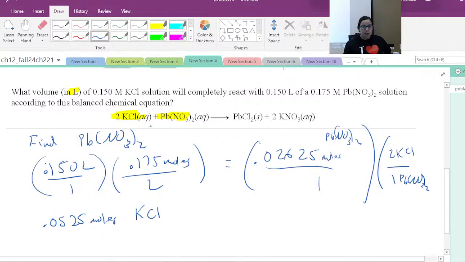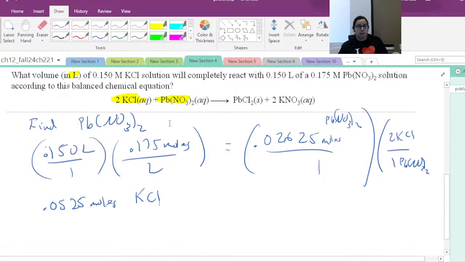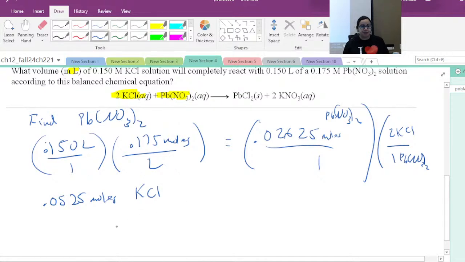But it's asking us for volume, and we're given molarity, so what can we do now? You can divide the molarity, the concentration, by the total amount of moles you want, and that gives you the number of liters.